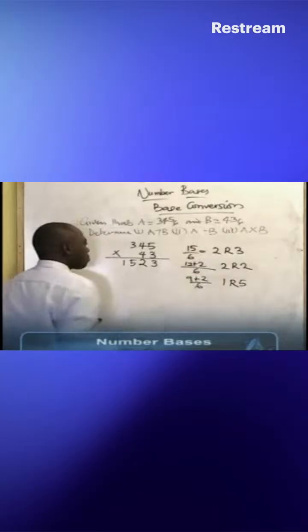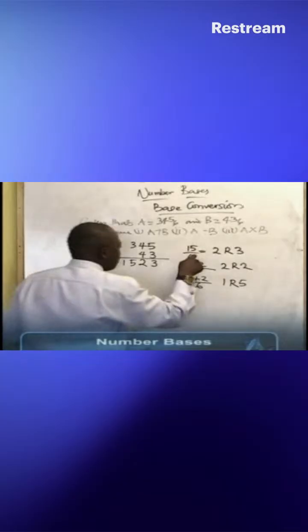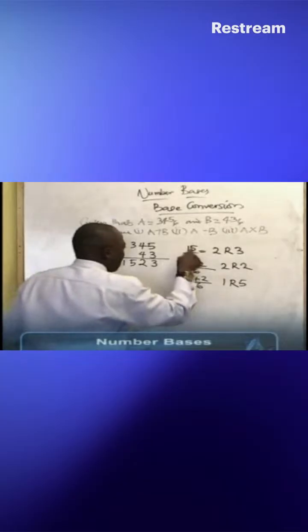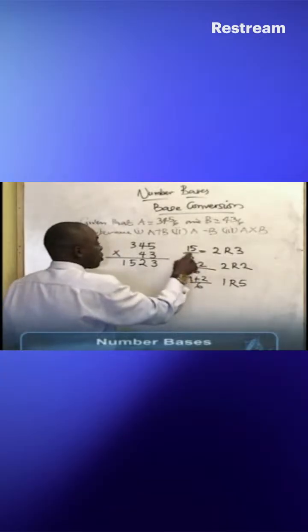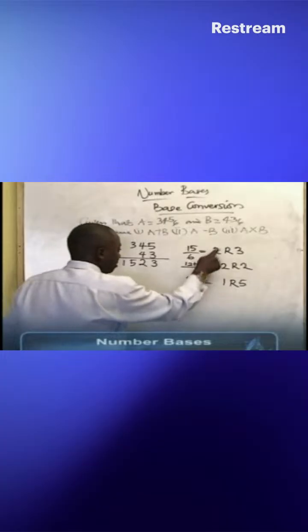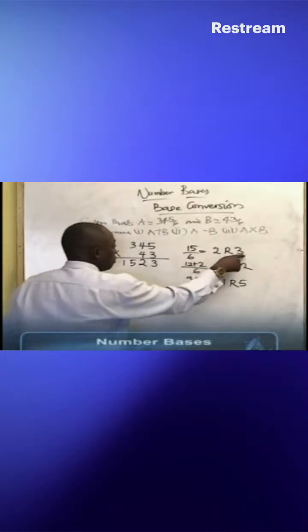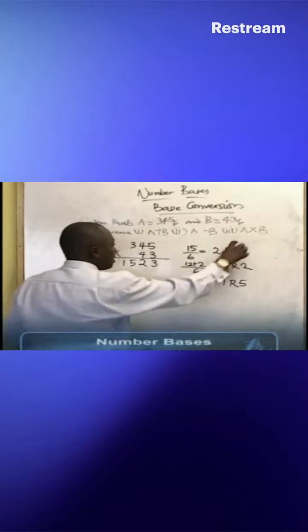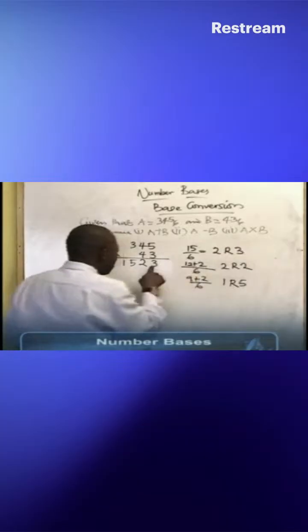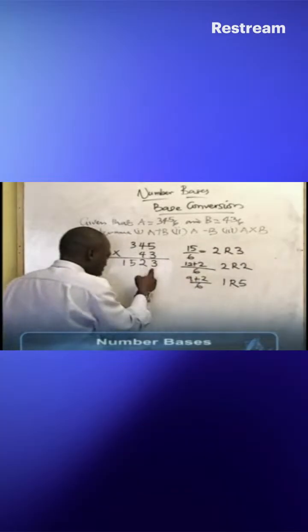Again, you use 3 to multiply 4. You get 12. You cannot throw away what you are carrying over. You add that to 12, it becomes 14. 6 in 14 is 2, remainder 2. You take this remainder, you put it under the second column, and then you carry the 2.